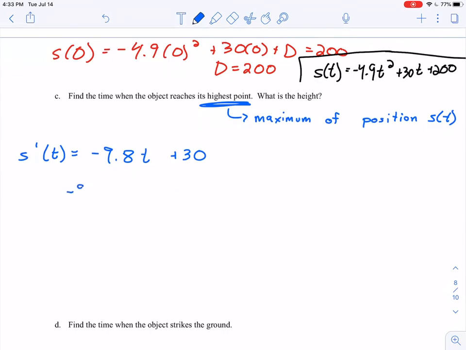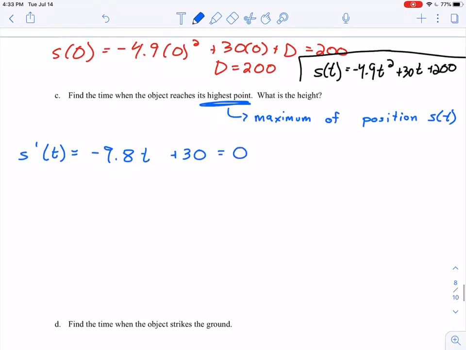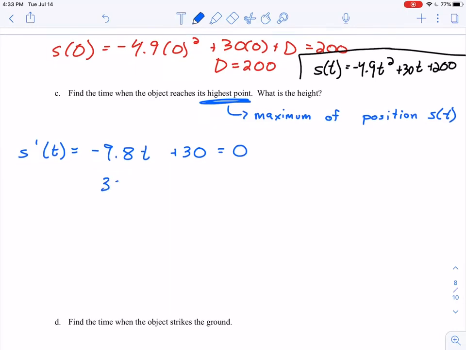Let's do this. Here's my derivative. I just want to set it equal to 0. That's a lot easier. So I have 30 equals 9.8t. So let's see, t is equal to 30 over 9.8, which is approximately 3.06.